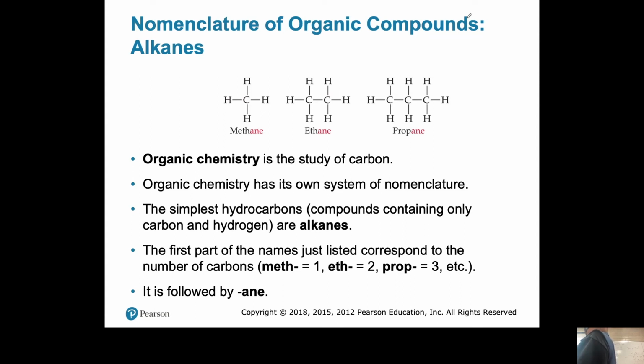Anyway, then we have ethane. Two carbons is eth. Most people know eth from this compound right here, which is ethanol. I'm sure there were plenty of people drinking ethanol last night during the Super Bowl. This is also known as ethyl alcohol.